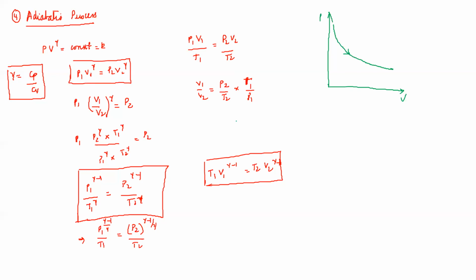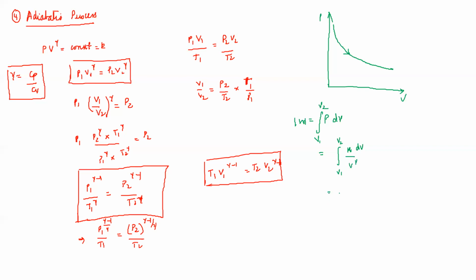Now, when we find work done, the modulus of work done is basically the integral of P dV from V1 to V2, right? And P can be written as K upon V to the power gamma. So you will have, from V1 to V2, K dV upon V to the power gamma.